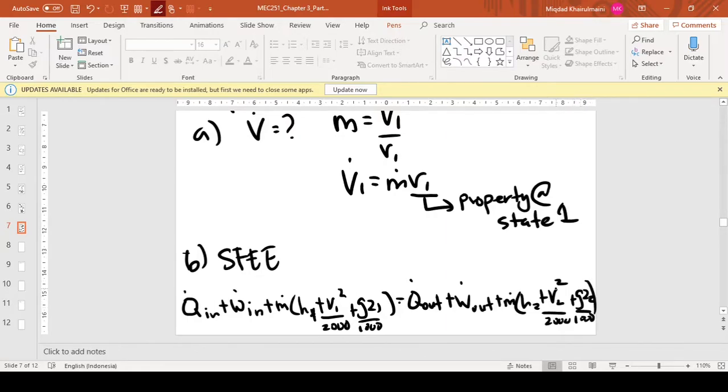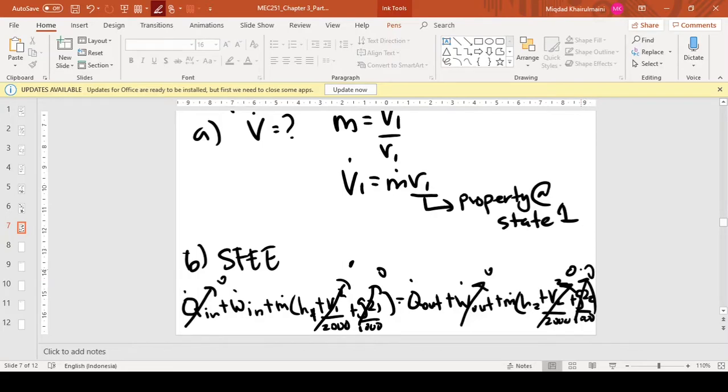We can cancel terms based on the conditions. Q in is 0, kinetic and potential energies can be neglected, Q out is available, and work out is 0. So let's write what is left.